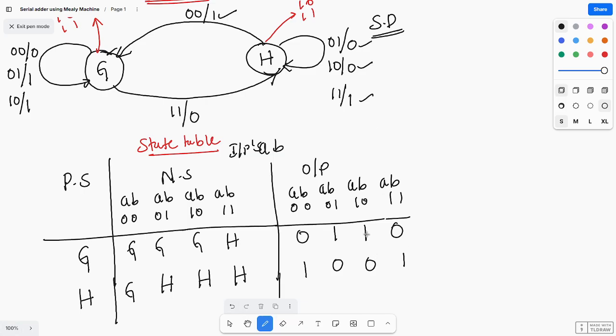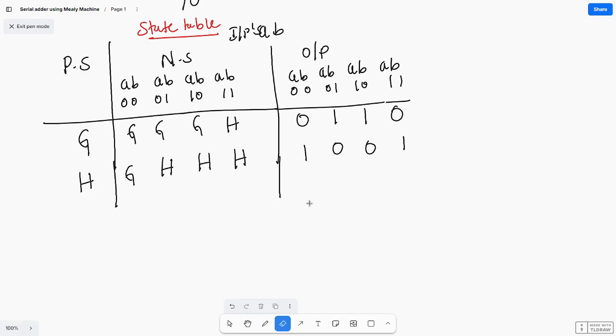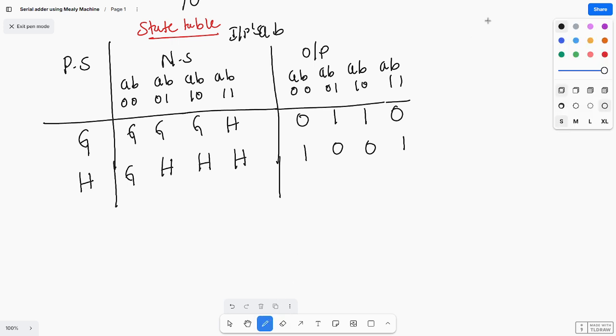And next, by seeing the state table, you need to draw the state assignment table. So how will you draw the state assignment table? You need to give the state values. G I am giving as 0 and H I am giving as 1.